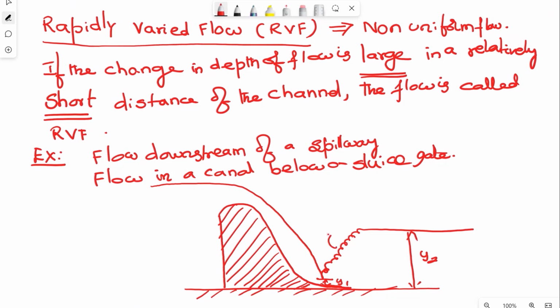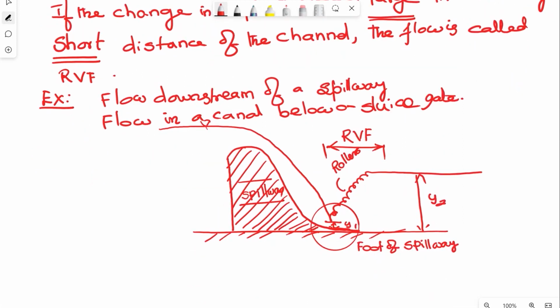These are all rollers. If I take it from here to this place, this is rapidly varied flow. This part is the spillway. It occurs at the foot of the spillway. This is the water surface, right?